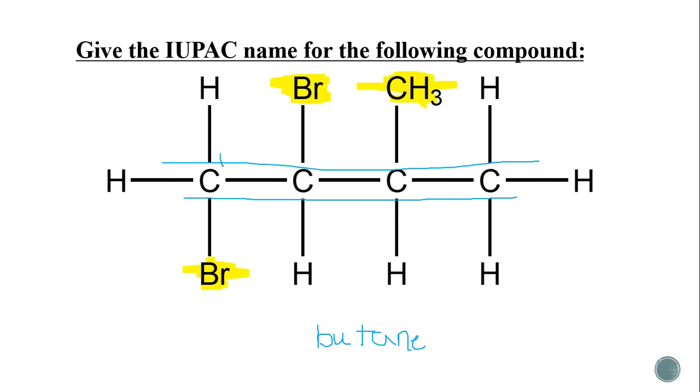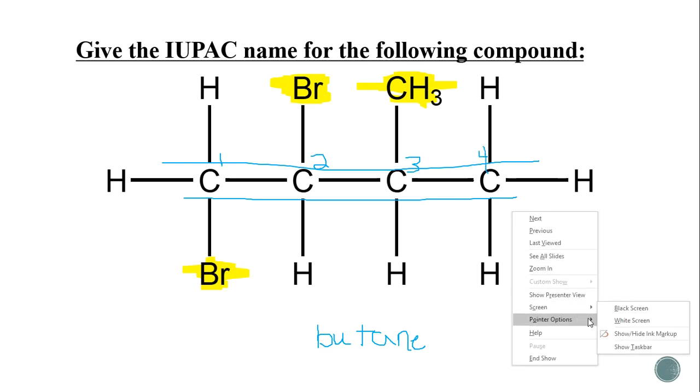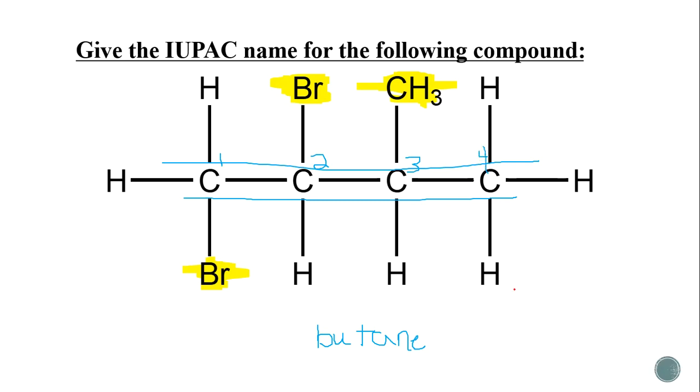So we can either number 1, 2, 3, 4, or we can number 1, 2, 3, 4 from the other end. If I use the red numbering system, my substituents are on 2, 3, 4.